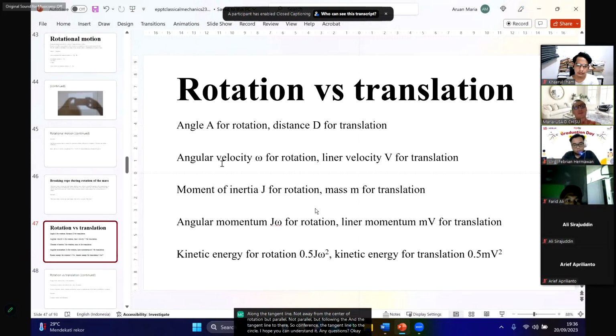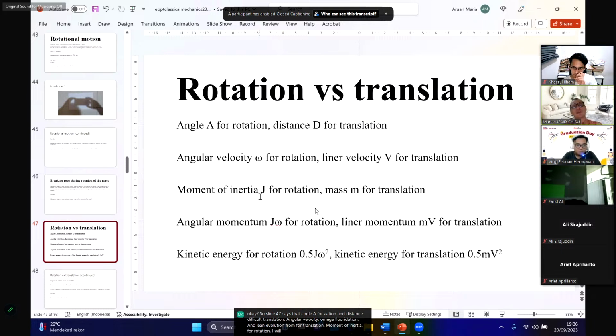Okay, the next slide talks about comparison of rotation and translation. Translation means motion along the straight line. And let's compare it to rotation, okay? So slide 47 says that angle A for rotation and distance d for translation, angular velocity omega for rotation, and linear velocity v for translation, moment of inertia J for rotation.